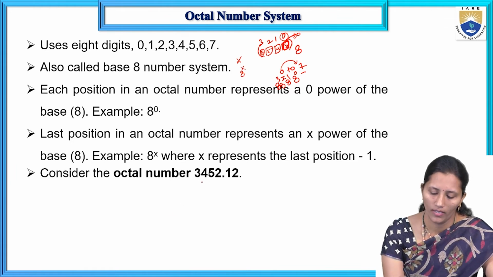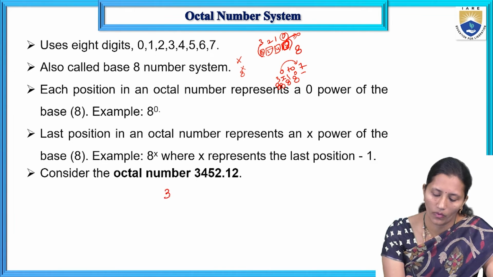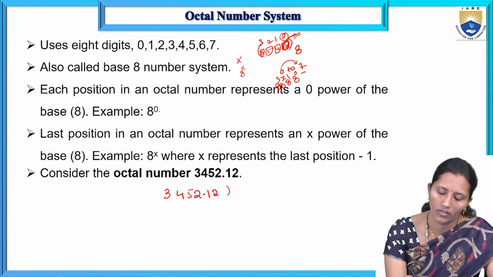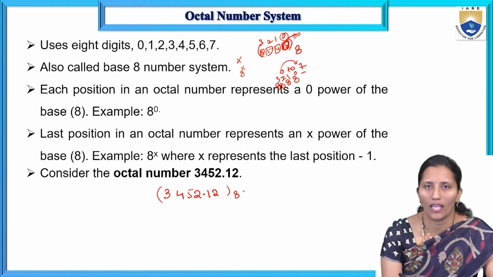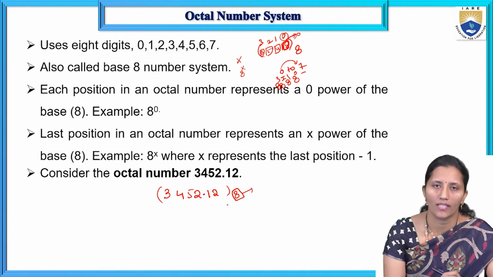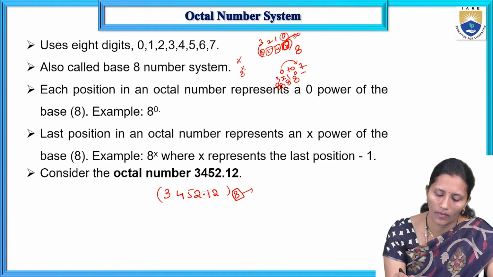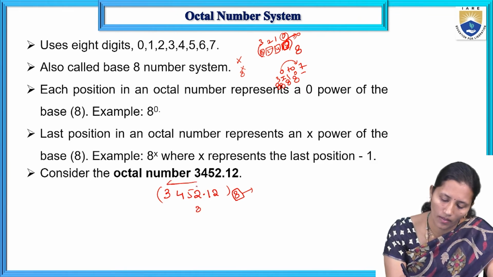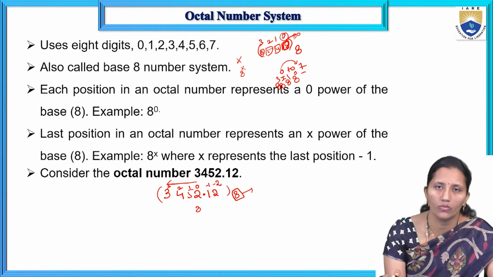So for example, 3452.12 is an octal number, base 8. By seeing this radix, we can say this number is an octal number. For the octal point, on the left side the positions are 0, 1, 2, 3, and on the right side of the octal point they are -1, -2.